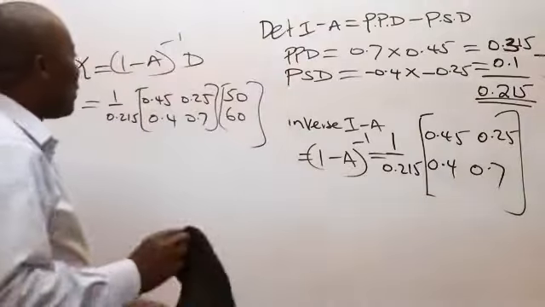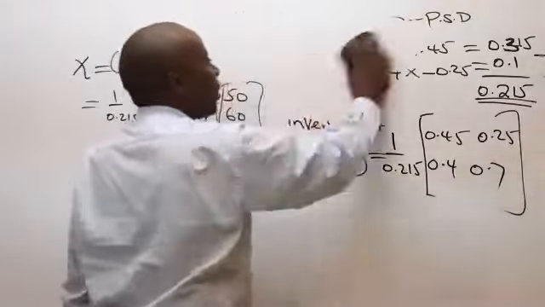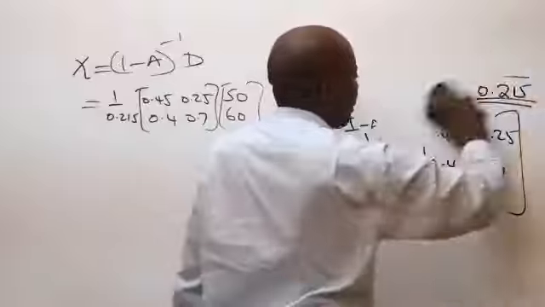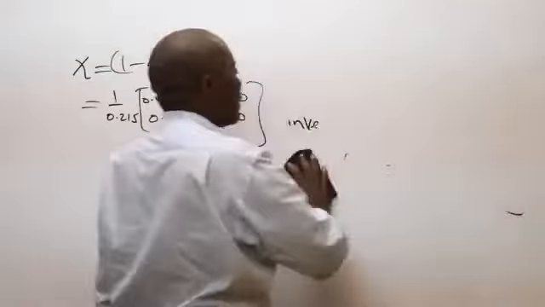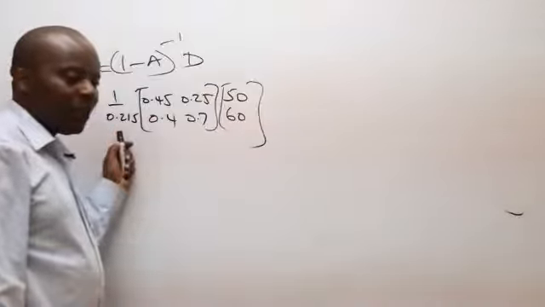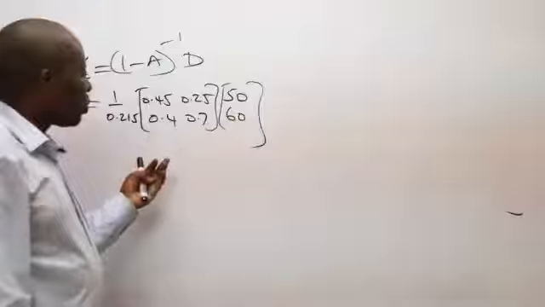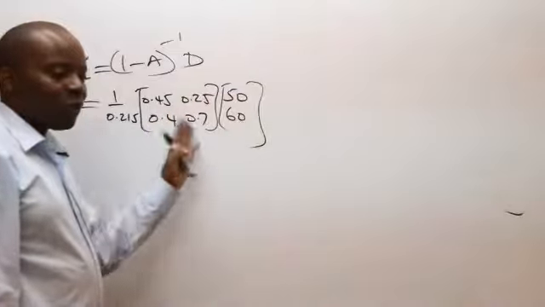What you're supposed to do, you know, this that we have outside here will be called a scalar. So basically you multiply the matrices first.